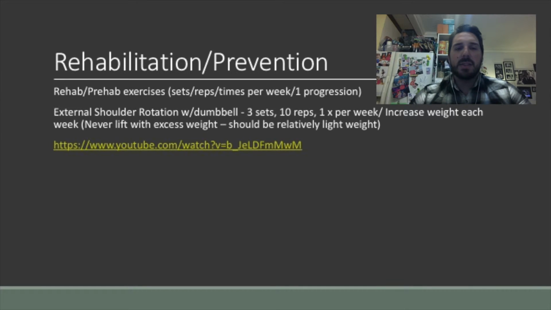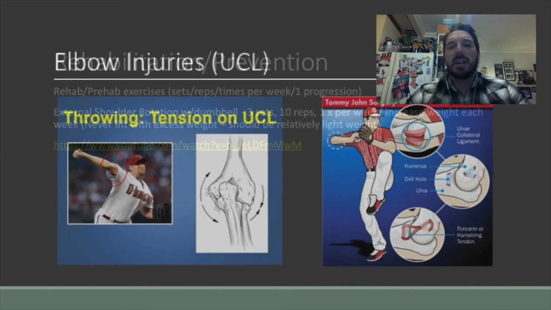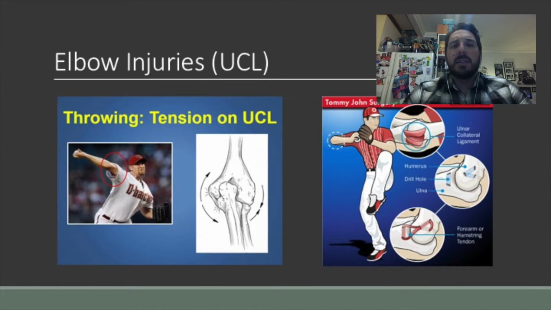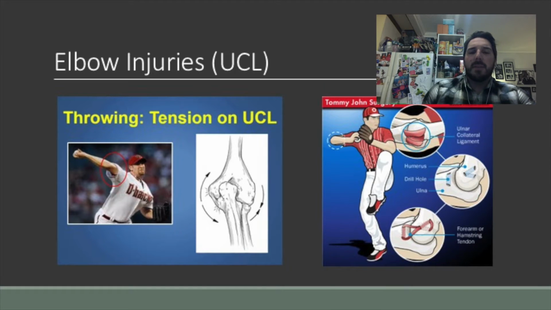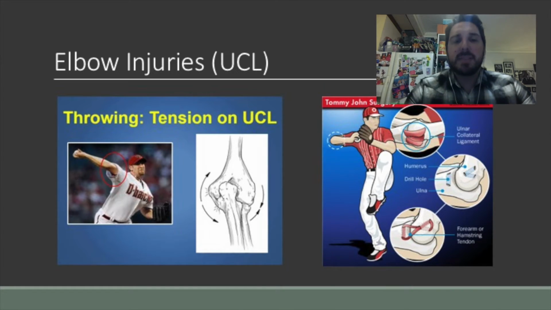Okay, so the last injury is the elbow injury, or the UCL, which is ulnar collateral ligament. And you can see here in the picture on the left, this is typically where it happens during the cocking phase. You'll see the tension on the UCL.